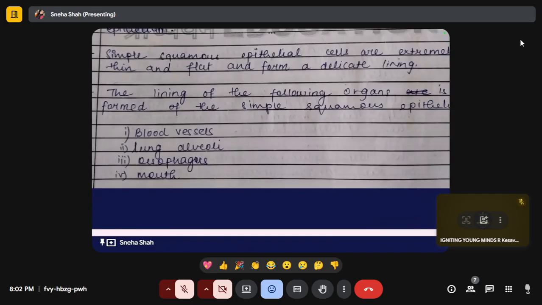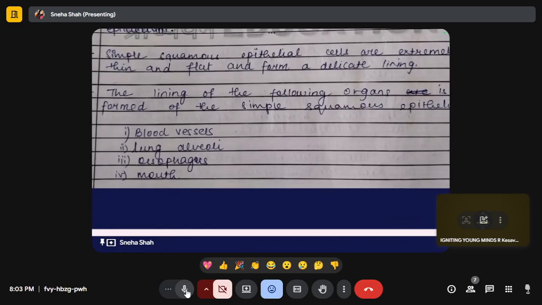Ma'am, do we need to give it in a paragraph or point-wise? Just bullet points are enough. No need of a paragraph, just bullet points. Ma'am, can you repeat it again, please? Uh, you want me to repeat the reasons or you want me to repeat what I asked you to do?